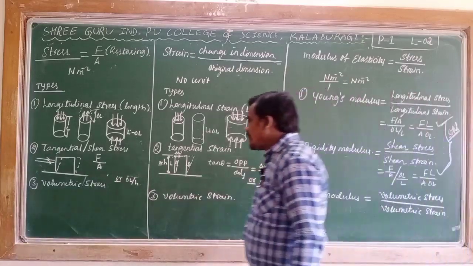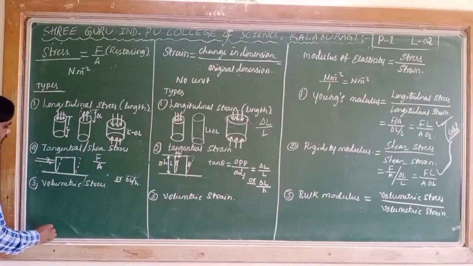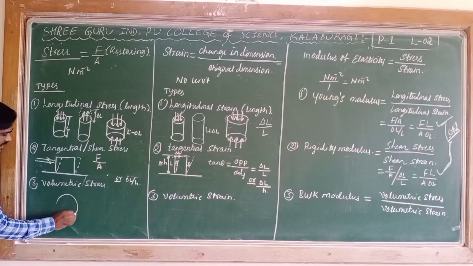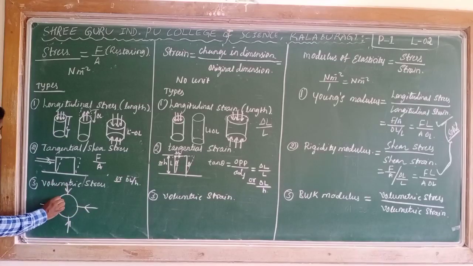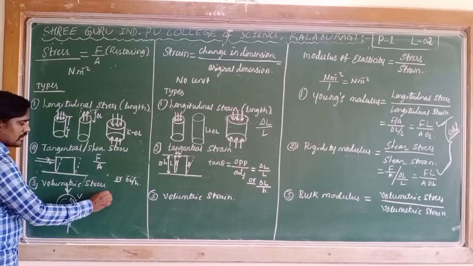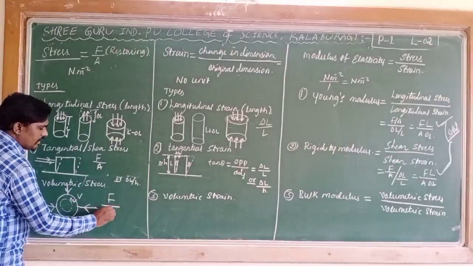Now come to the last one, that is volumetric stress. When an object is immersed in a liquid, the liquid also exerts a force. Because of that force, the volume is going to be compressed. Compressed means the volume is going to change. Initial volume is V, change in volume is delta V. Because the force is acting in all directions, force acting per unit area.